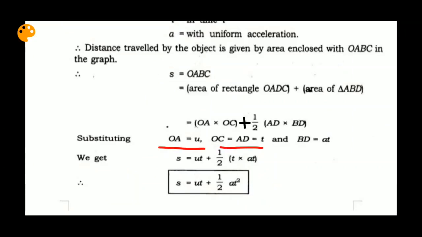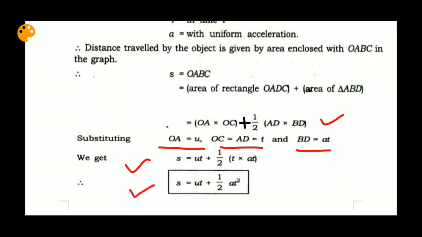And from the first equation of motion we have learnt that BD is the change in velocity, which is equal to at. Therefore, substituting the values in this equation, we get S is equal to ut plus 1/2, in place of AD we will write t, in place of BD we will write at.